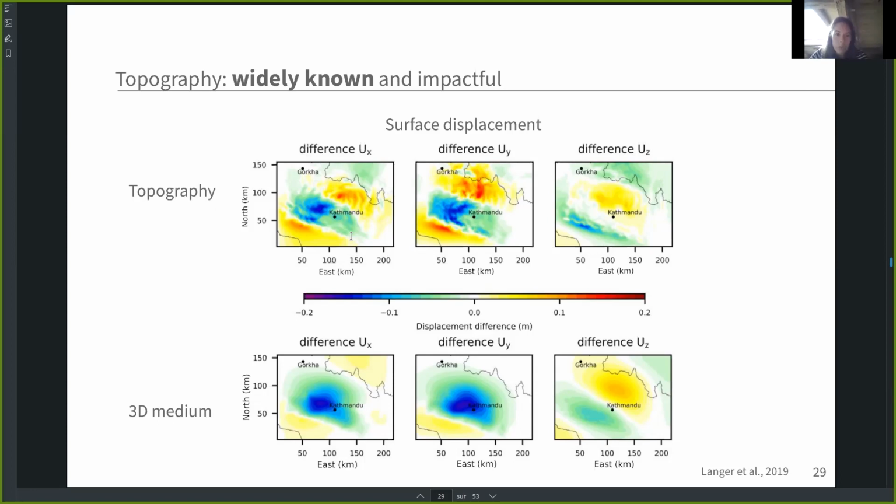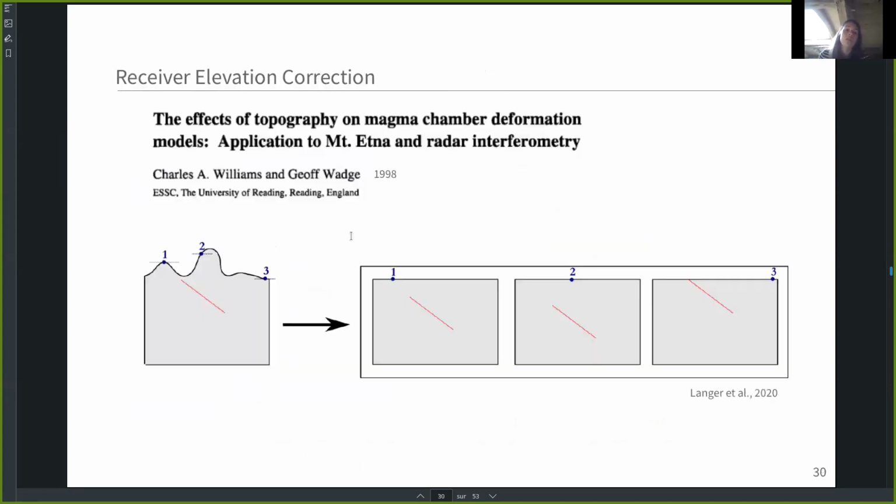The other thing we wanted to investigate was if there were a method to take into account this topography, but without using very computationally demanding techniques. This method actually exists. It was published 20 years ago by Charles Williams and Jeff Watch. What they propose is to separate the effects of topography into two effects.